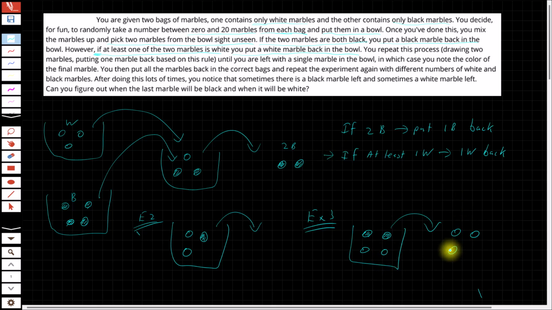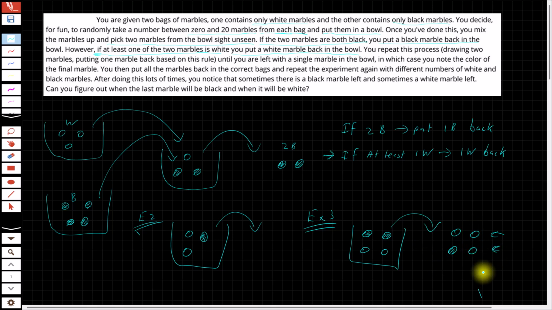If we pull out a black and a white, we still have to use this rule here, because it's at least one white. We have one white marble here. We have to put the white marble back and keep the black marble out. So we've got two cases here where we have to put the white marble back in.